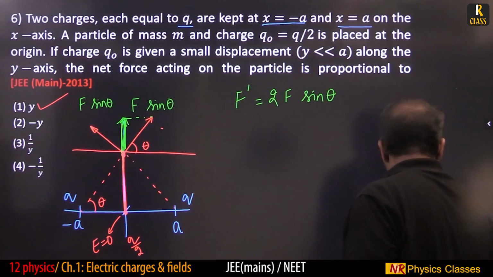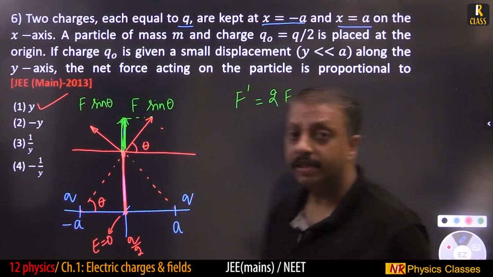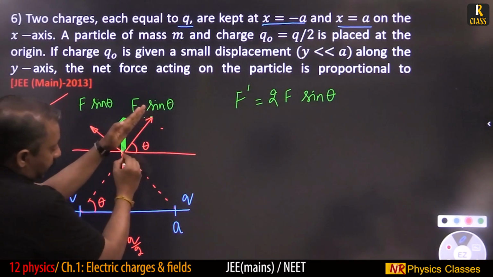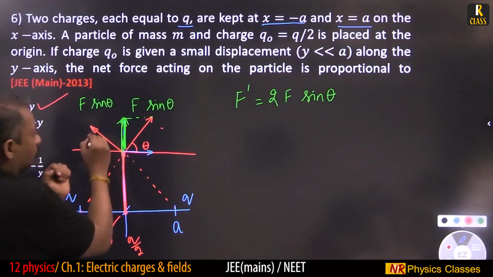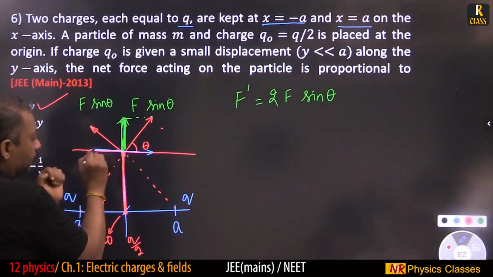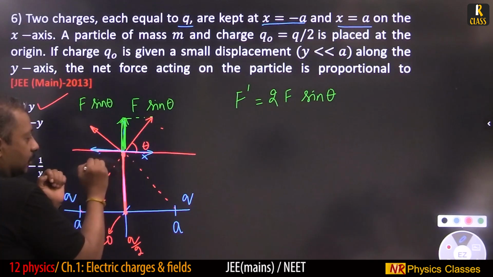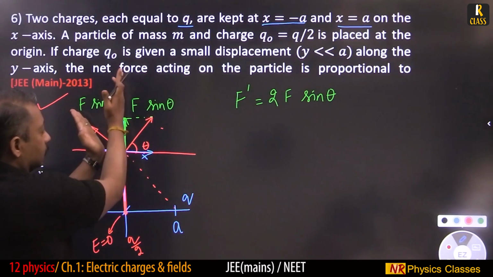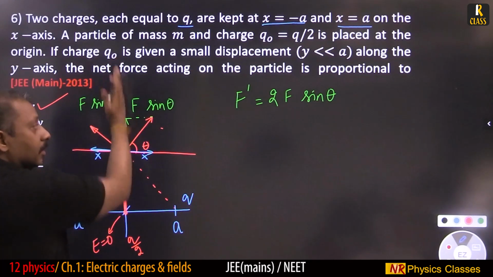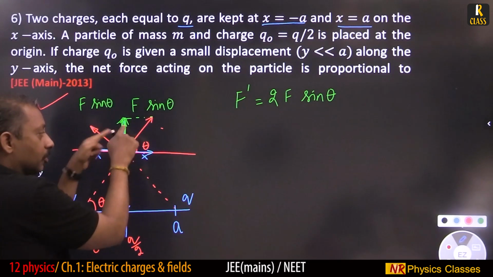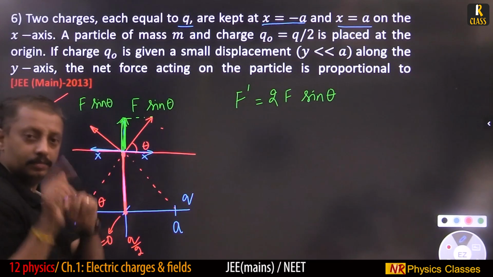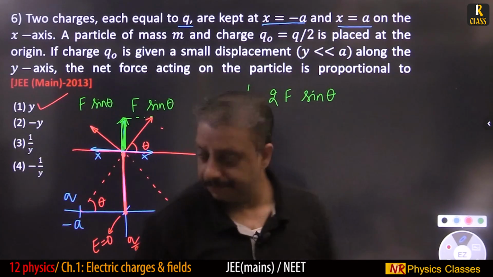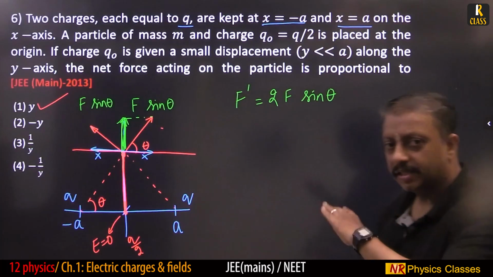Why am I not considering the x component? This vector has an x component, this vector also has an x component. These two are equal and opposite. They cancel. So once you know that, concentrate only on the one component, because the other components will give 0.